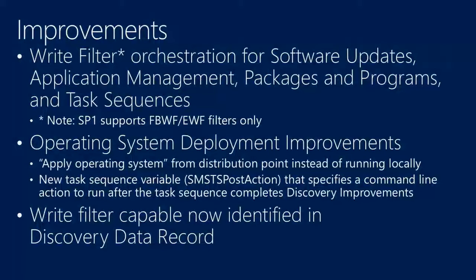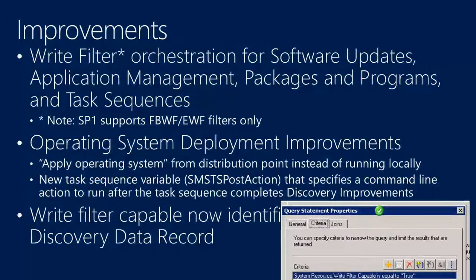And now we also have a new DDR, or discovery data record, because of which, remember one of the challenges I talked about is that we could not identify embedded devices in the ecosystem. And this is what we did. We added a filter, so now you can query based on that, and it tells you that a write filter capable device is found.